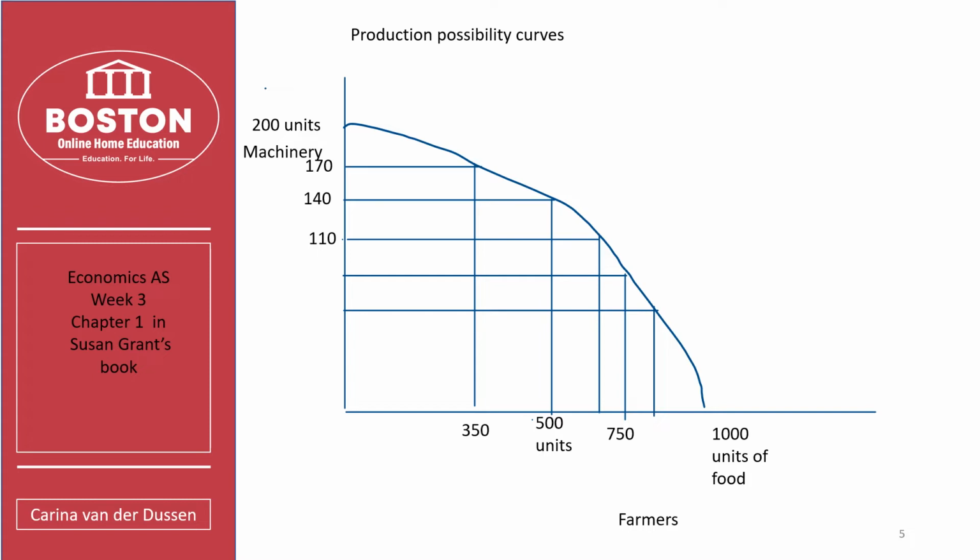So with every 30 that we give up, my gaining of food is getting smaller and smaller, because now we are starting to use the engineers to farm. If you think about that, they don't want to farm, they want to be engineers. And that's where we get this opportunity cost that's decreasing or increasing.